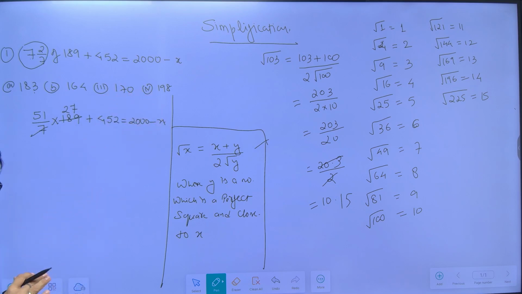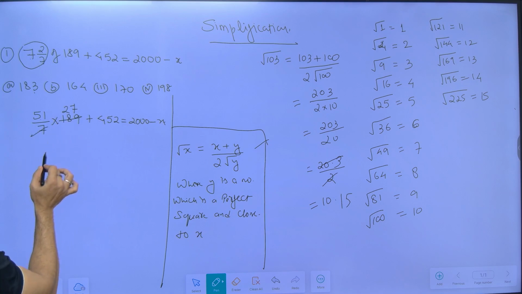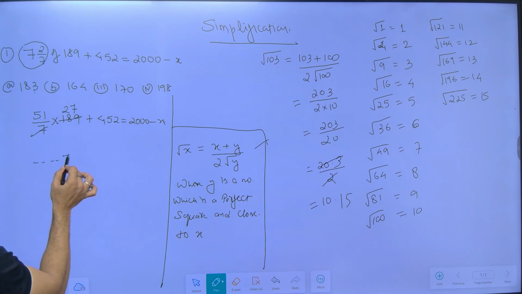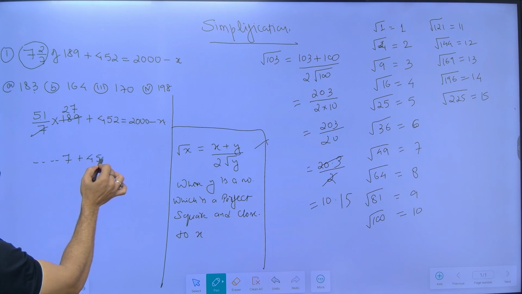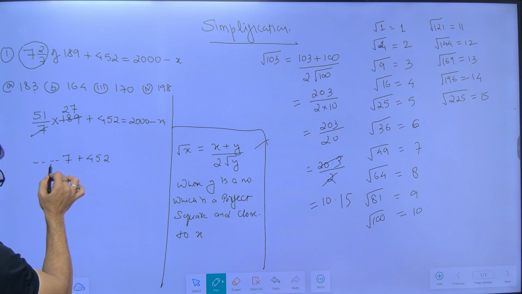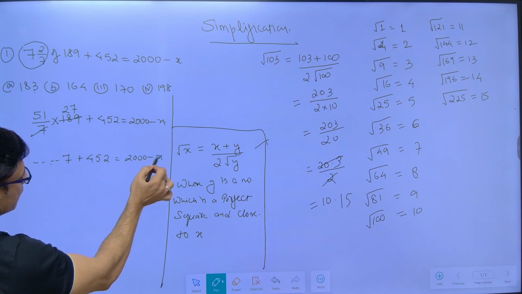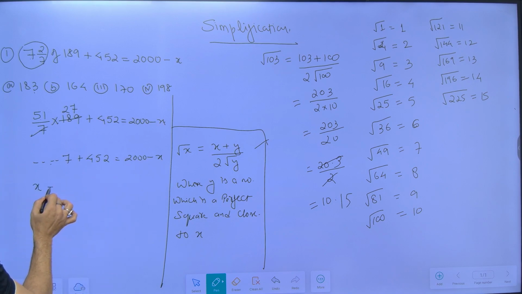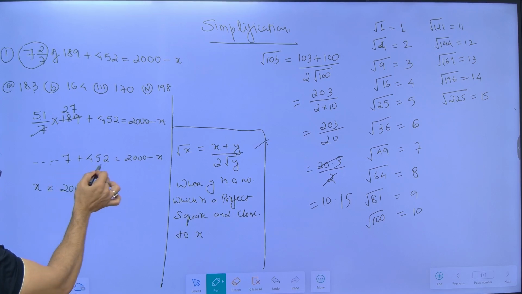यहाँ से बड़ा hint मिलता है. कैसे देखते हैं? Whatever this will be, 51 into 27 is going to be a large number. Last it will be what? 7 plus 452. So whatever this number, when you add it, write 2000. Right? So you can bring this minus x here, plus x, and take 2000 minus the summation of these two.